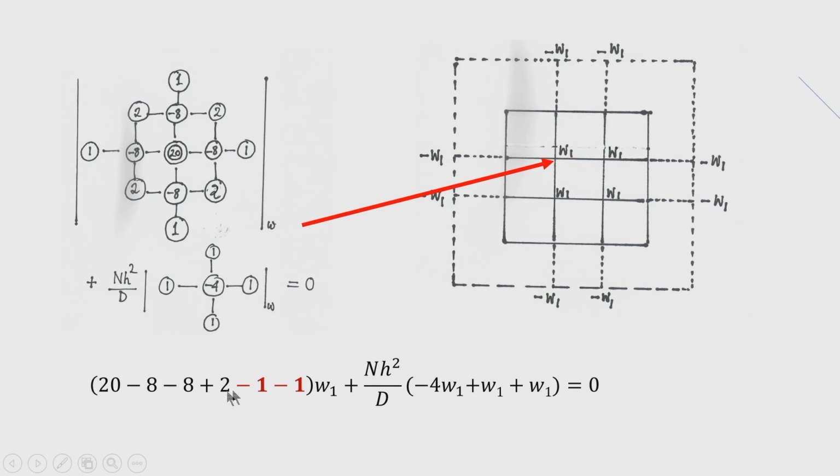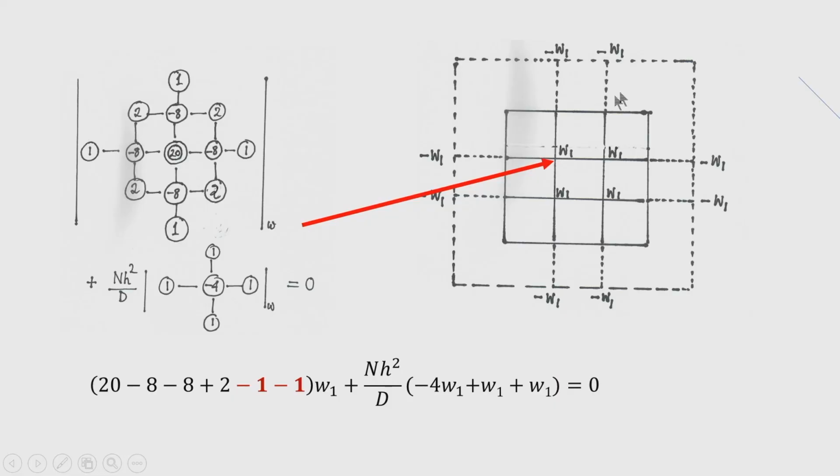Now, with red color 2 numbers are written, -1 -1, that is just to indicate these are the nodes that are outside the plate domain, but the deflection of that imaginary point is now written in terms of the deflection of the actual point, the image point, by using the boundary condition, that is the bending moment condition to be 0 at the simply supported edges. So, therefore, one imaginary point we get here.